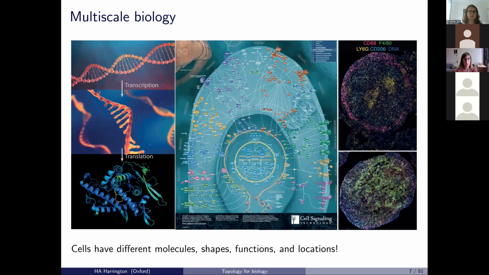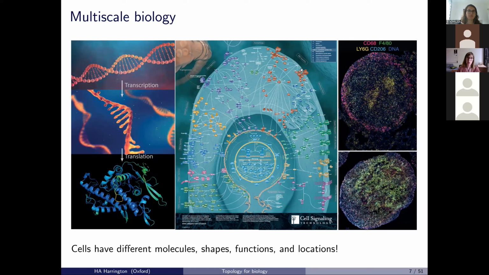The first thing is, you'll see this image again. This is a cell, and we're thinking in molecular biology. A cell has different compartments and many different molecular species, such as proteins.